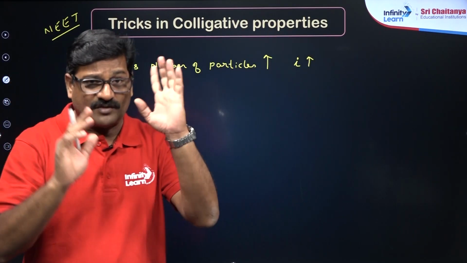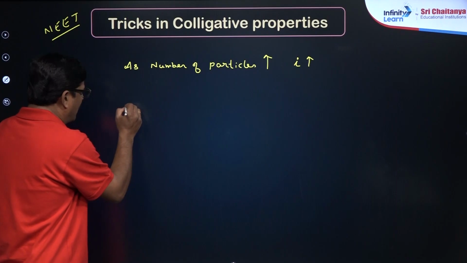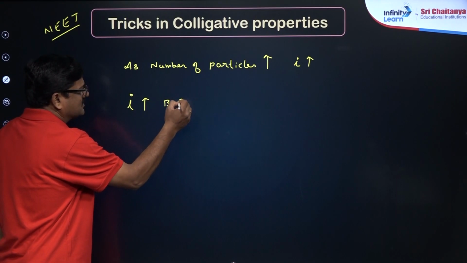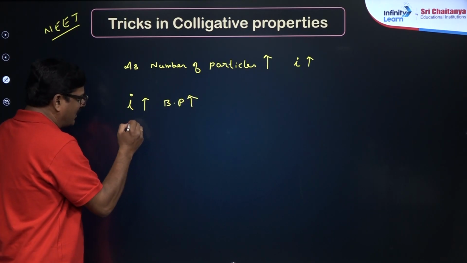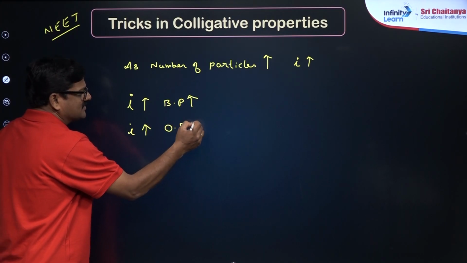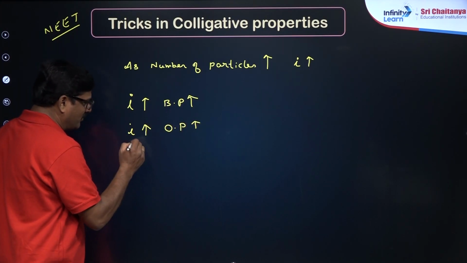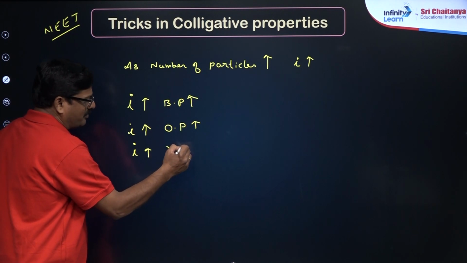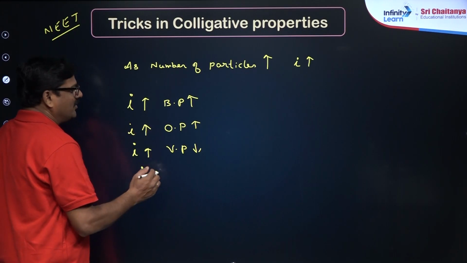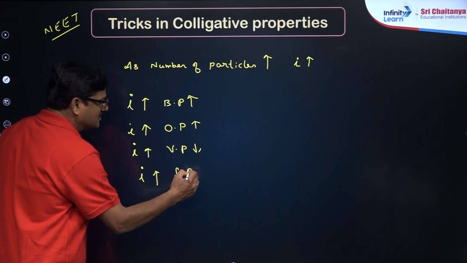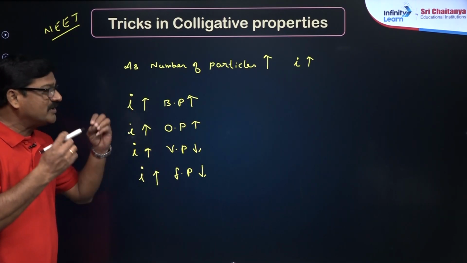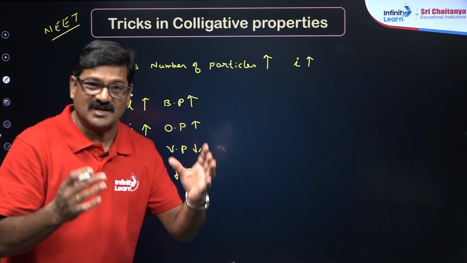Based on that I can say as the i value increases, boiling point increases, osmotic pressure increases, vapor pressure decreases, and freezing point decreases. So, simple things you can say: as the number of particles increases, which properties increase and which decrease.